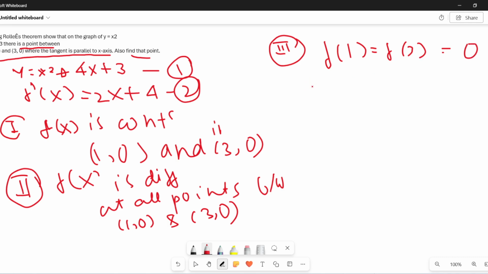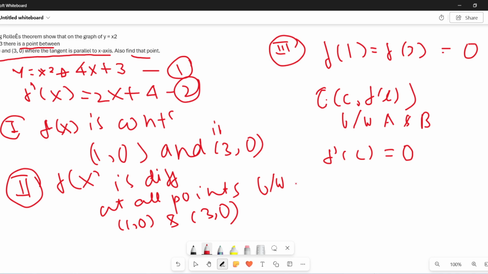By the geometric meaning of Rolle's theorem, there will be at least one point (c, f(c)) between a and b where f'(c) = 0. So 2c - 4 = 0, which gives c = 2.